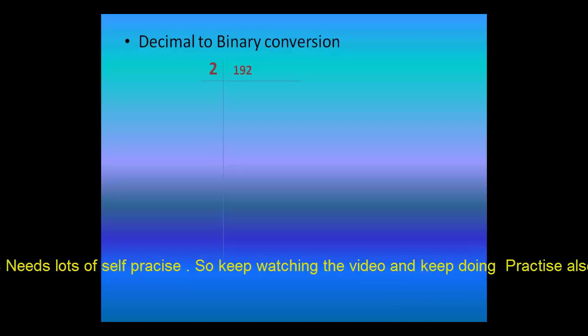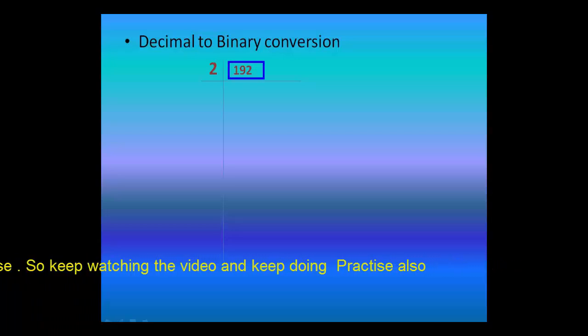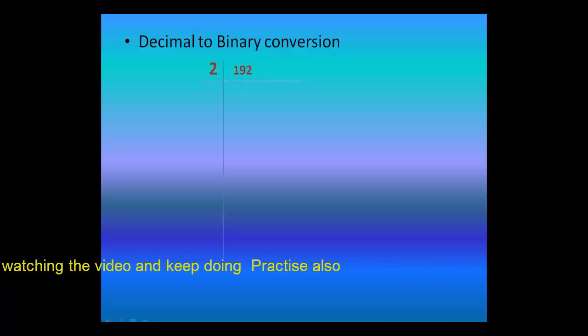Like I have taken the decimal number 192 and I want its binary number. So what do I do? I divide by 2. Divided by 2.